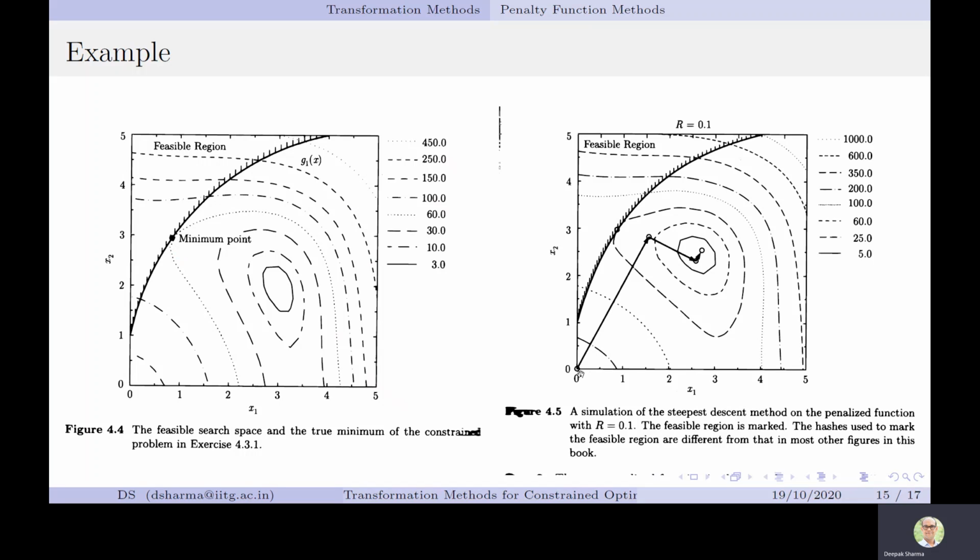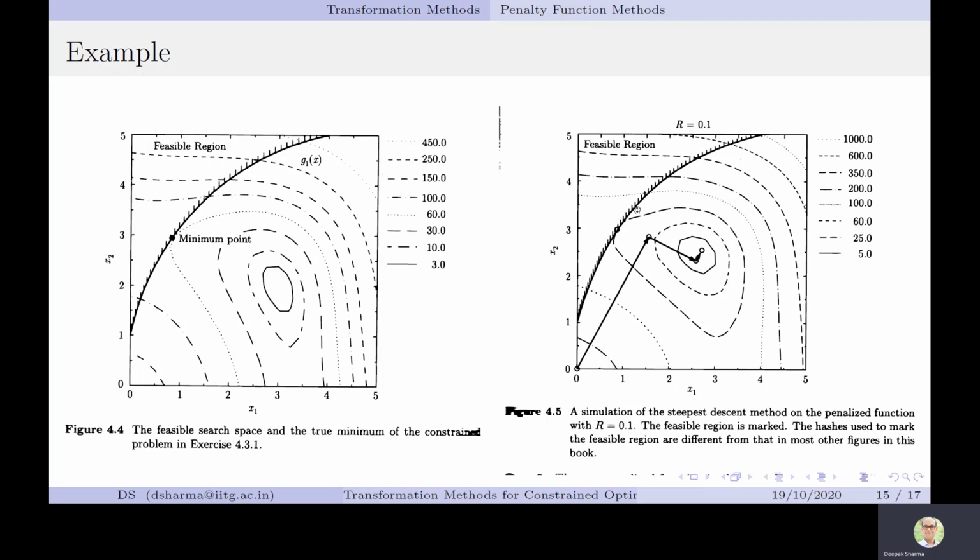Now look at the origin. This is r equals 0.1. You can see on the top, r is equal to 0.1. We are starting from the origin, and when we start from the origin, you can see we are not far from the constraint. That's why the constraint violation was a small value. But when we run the steepest descent method, it gave me a solution somewhere here.